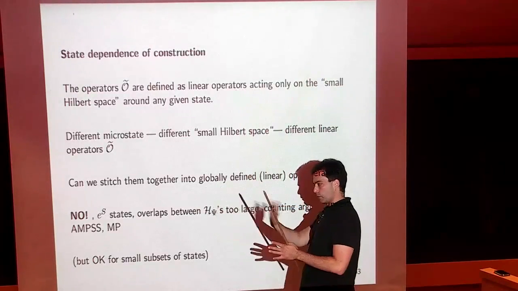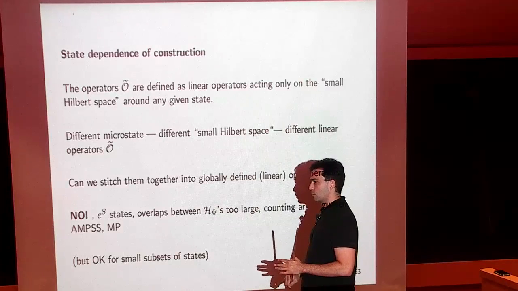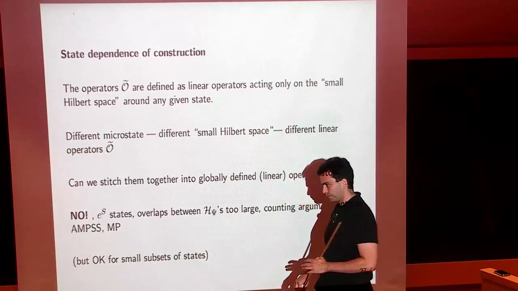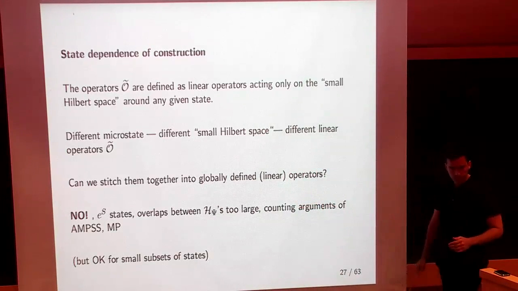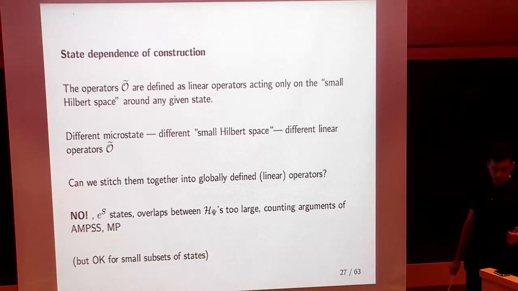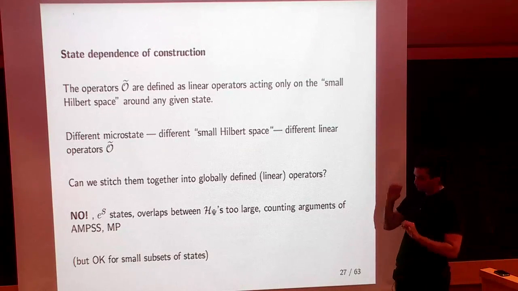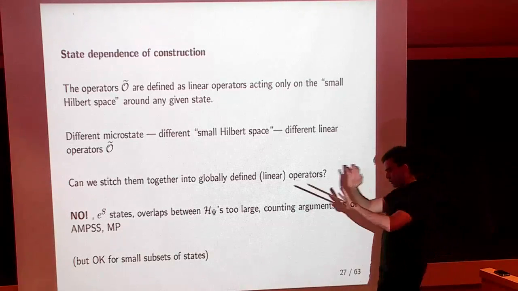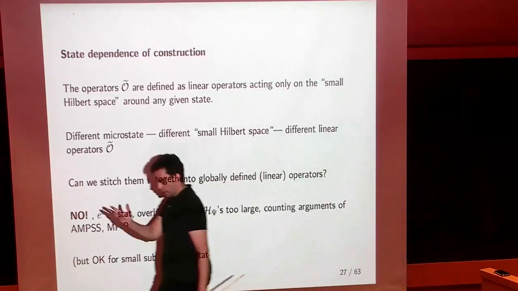You can do it for 3 states, 4 states. Small just means small compared to e to the n squared. Correct. You first have to tell me which states you're going to use for your experiment.